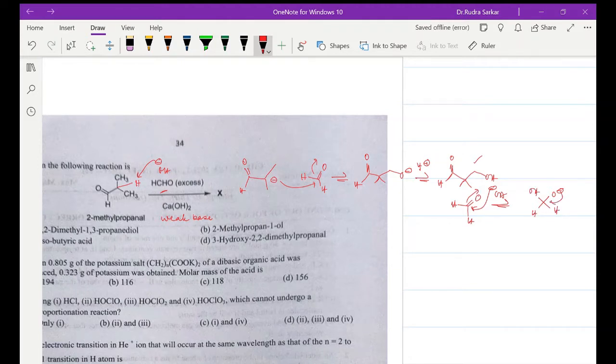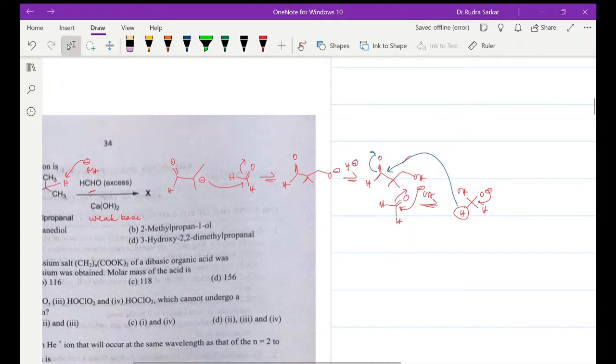This will come back, so this will now make a nucleophilic attack on this particular carbon that will open up.